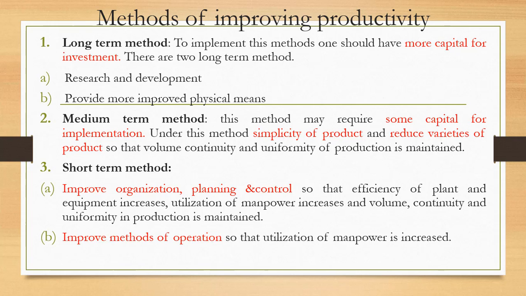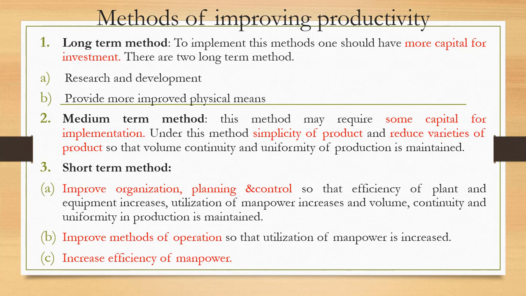Then second thing is, we are going to improve method of operation. We are going to simplify the operation method, and that's why we are going to utilize manpower properly. So in the short-term method, we focus on improving the production method. So overall efficiency of the plant can be increased, utilization of manpower can be increased, efficiency of worker can be increased, and last thing is, we are going to increase efficiency of manpower by providing training to them.